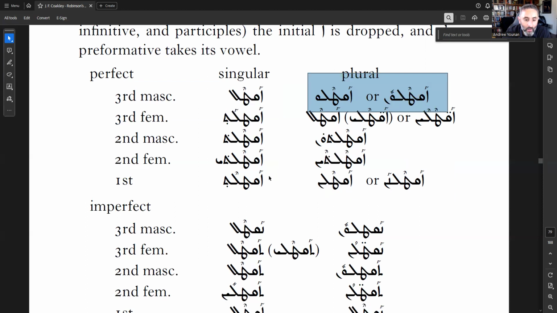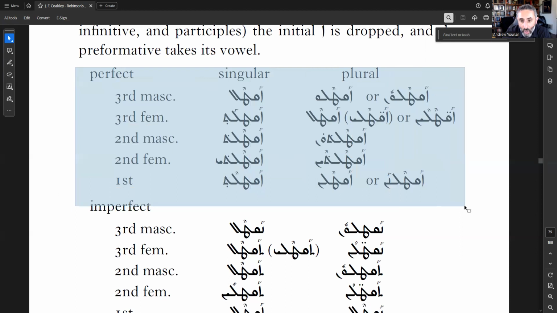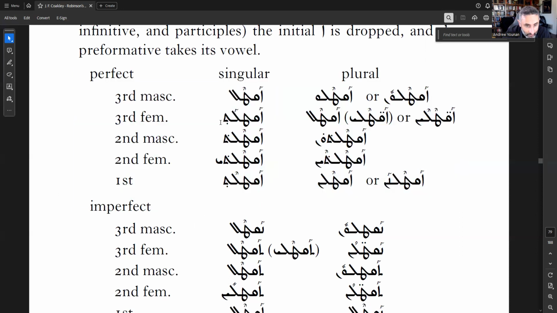Feminine. Aqtleth, aqtalt, aqatleth, aqtaln, aqtaltin, aqtal. This is all the past tense of the causative. Yet again, all the endings are the same as what you know. The only thing that's different is this a at the beginning, which makes it a causative.